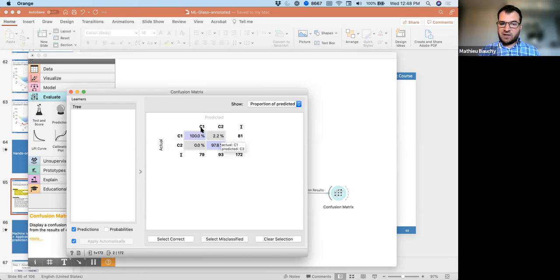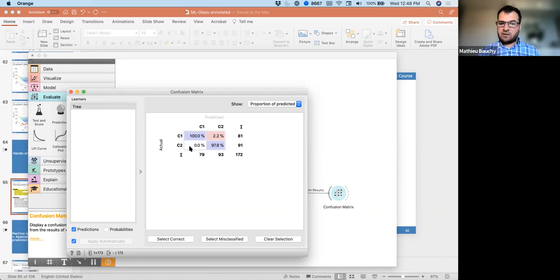The model will think that certain data points are red or blue. And most of the time, the model gets this right. If you look here, this box shows you that if the data point is red, the model will classify it as red 1% of the time. So it means that this is a good accuracy.